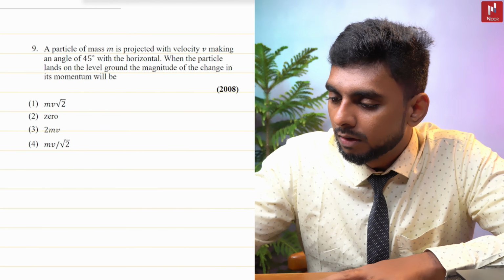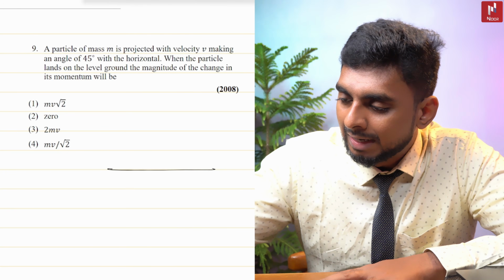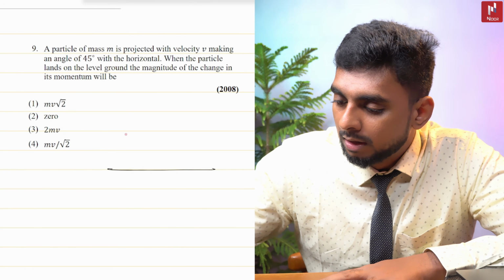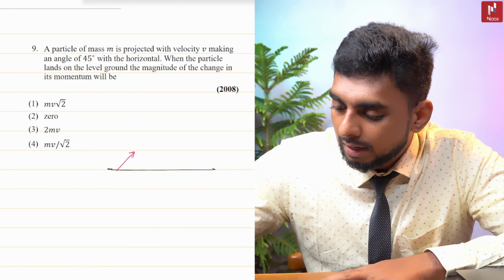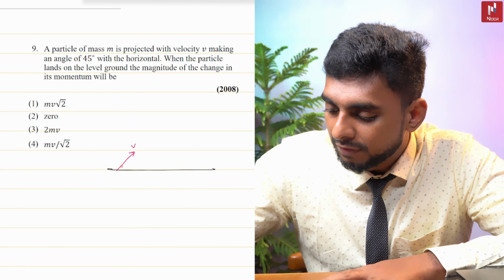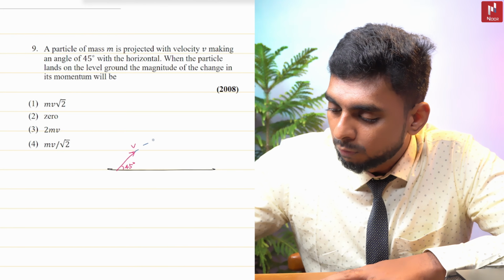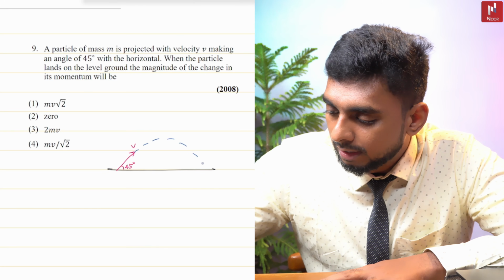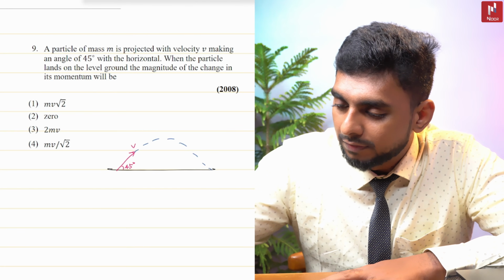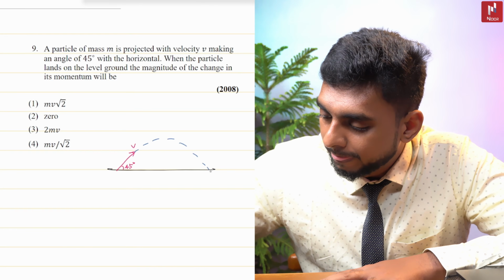This is the land surface, and I'm going to project at an angle with velocity v making 45 degrees. This object will move in a projectile motion and hit the ground at the same angle of 45 degrees.